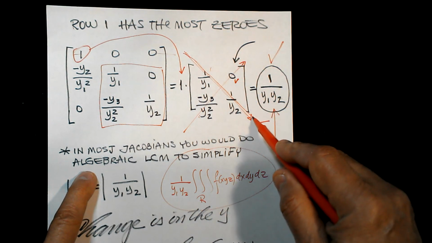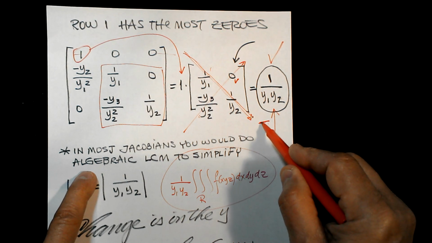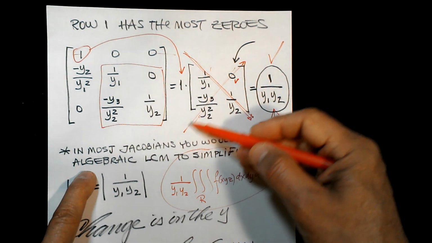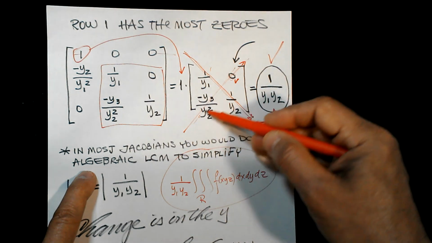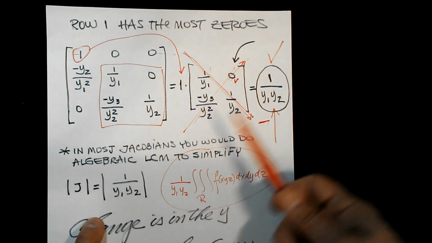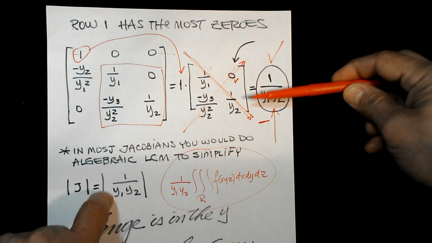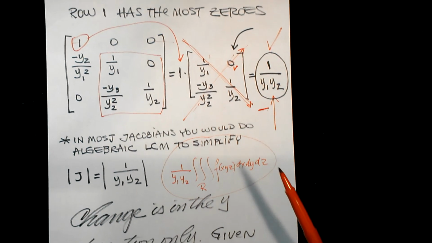Now, the determinant of a 2 by 2, like I showed in the previous videos, is this diagonal multiplied, minus this diagonal multiplied. However, when I multiply this diagonal, I have a 0. So this is going to be 0. I don't need to multiply it. Therefore, the determinant is just 1 times this diagonal, which gives 1 over y1, y2.